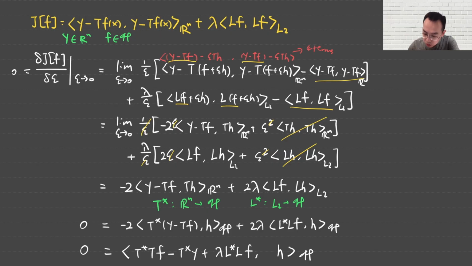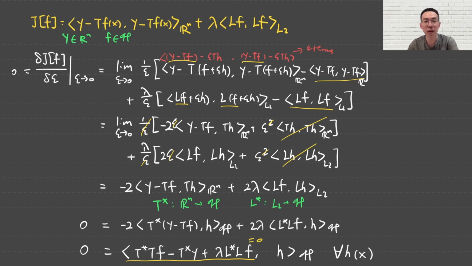So that equals 0, and it must hold for all functions h of x. Okay, so that means the first term here must equal 0. This term must equal 0. So this is the only way we can make this inner product equal to 0 for all functions h.